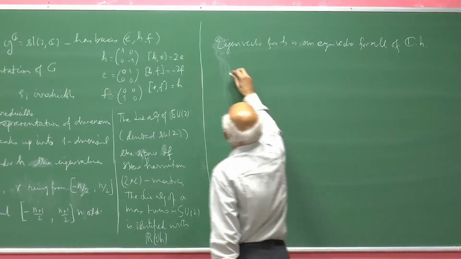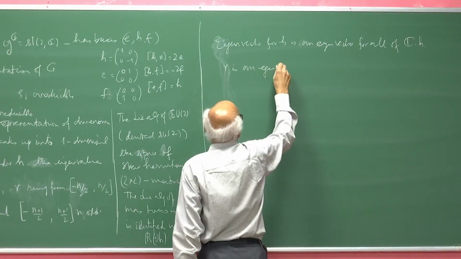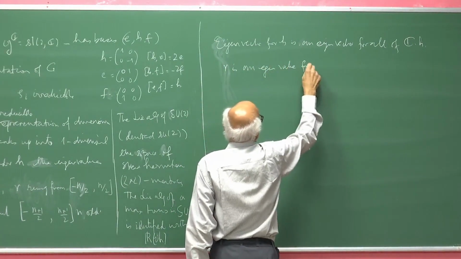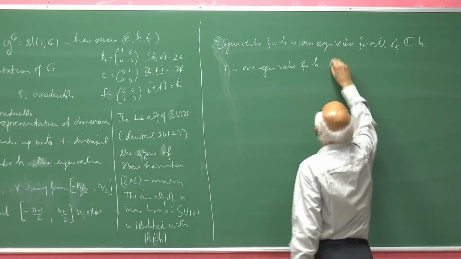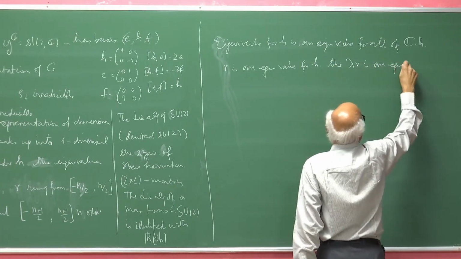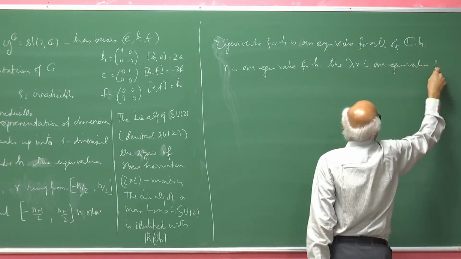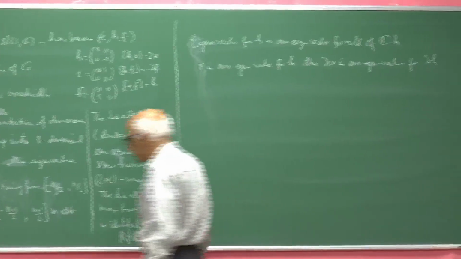So if r is an eigenvalue for H, then lambda r is an eigenvalue for lambda H. The reason I am making this point is the following.